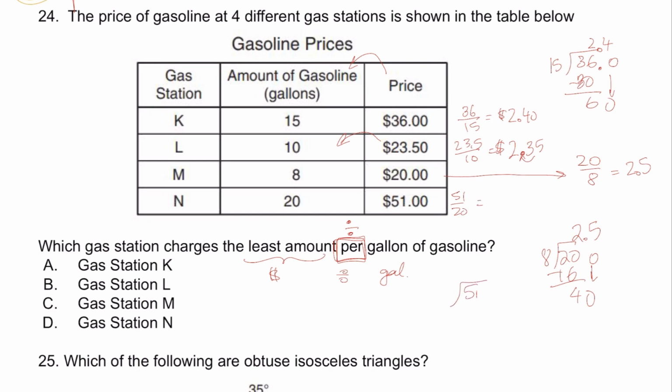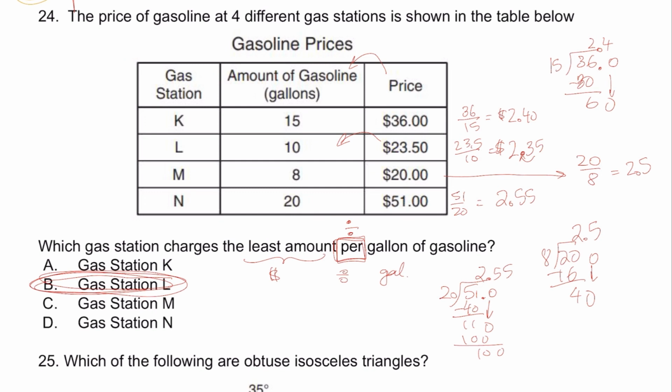So when you divide, you get 2. 2 times 20 is 40. And you have 110. And 20 goes into 110 5 times. So this is even more expensive. So this is $2.55. So the cheapest one is going to be station L, because that's only $2.35. So that's choice B.